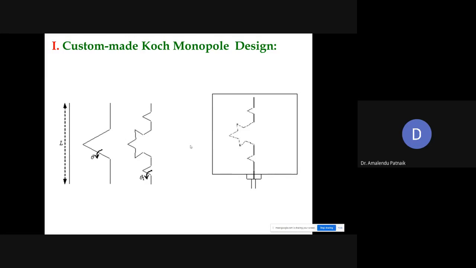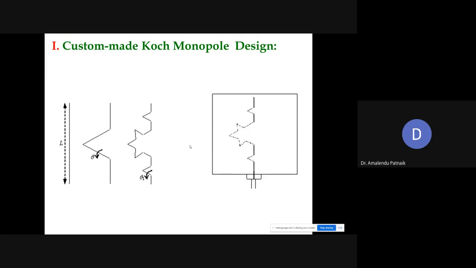And for any classical fractal antenna, depending on the number of iterations that you have applied to create that antenna, you can get that many frequencies out of that fractal antenna.